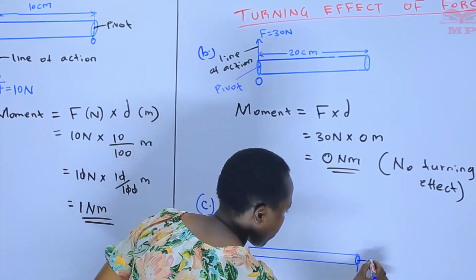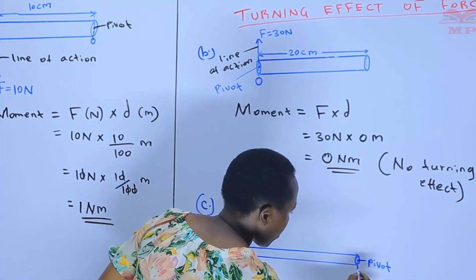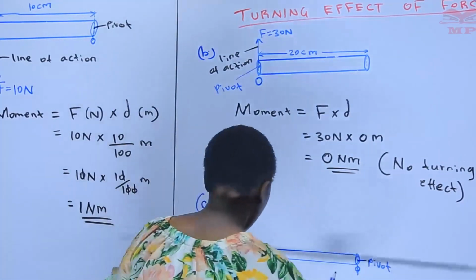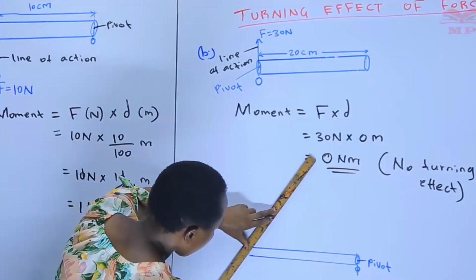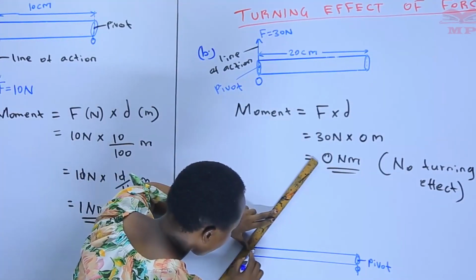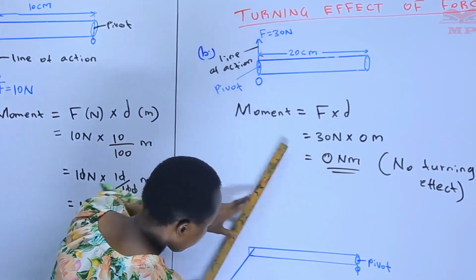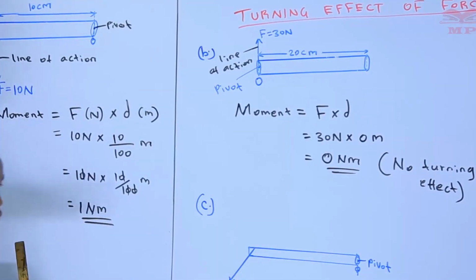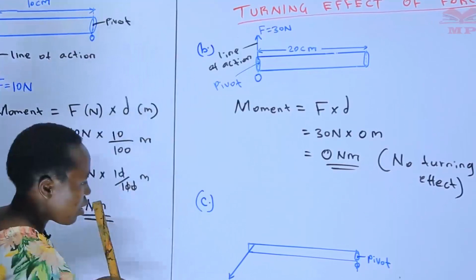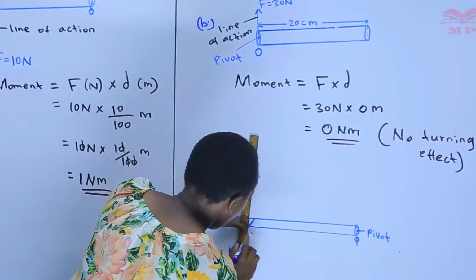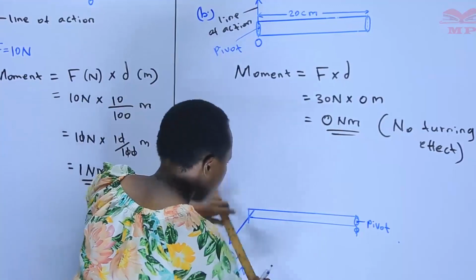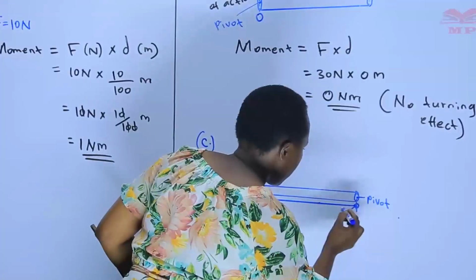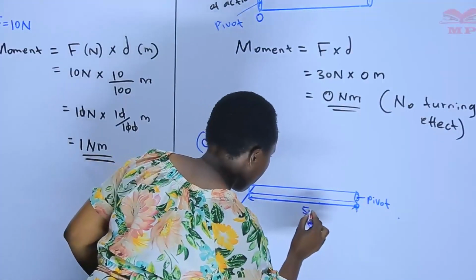This is where our pivot is, this point O. And we have been told that the distance from the pivot to where the force is being applied is 5 meters. Look at the force. Here we have the force, and the force is 6 newtons. This distance is 5 meters.